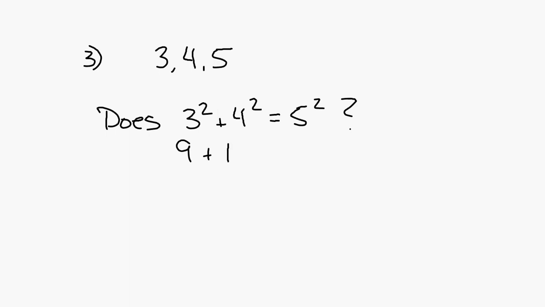So the question here is, does 3 squared plus 4 squared equal 5 squared? Does 9 plus 16 equal 25? Well, yes, it does. So yes, they are a Pythagorean triple.